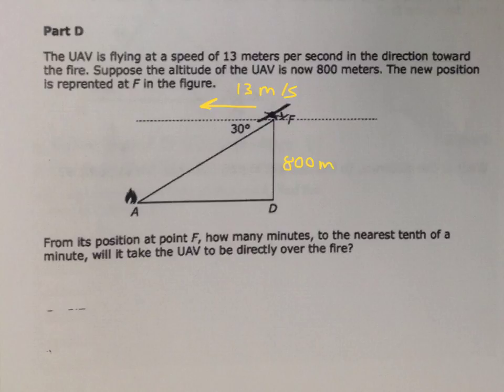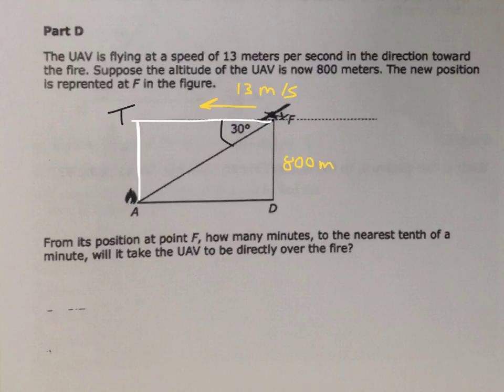It's half a mile off the ground, about. The new position is represented by F, okay. From its position, how many minutes will it take it to fly directly above the fire? So I want to know how long it will take to fly from point F to point T.